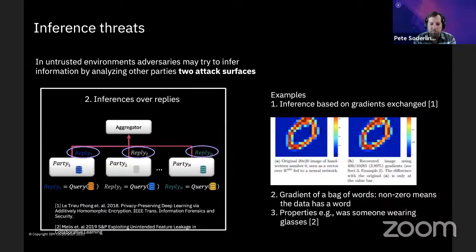More recently, people have also tried to achieve the exfiltration of data. For instance, was somebody in the picture wearing glasses? Some property that is part of the sample, even if it was not part of the original training objective.